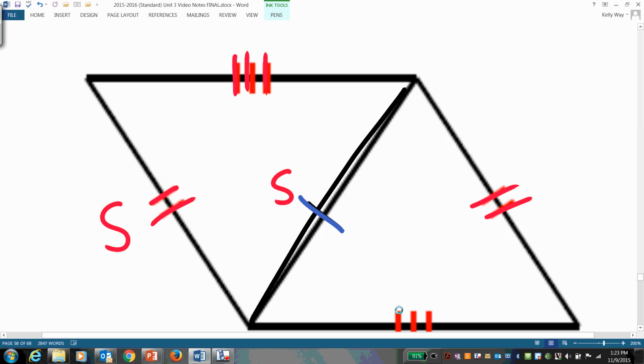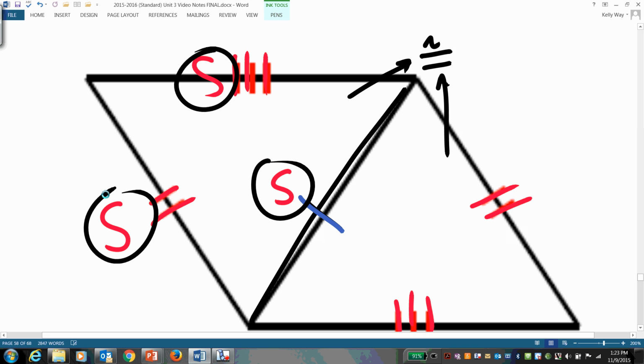And here we have another pair of sides. So I can say these entire triangles are congruent because of the shortcut side, side, side. That implies that the angles are going to be congruent as well because of the shortcut. So side, side, side is your first shortcut.